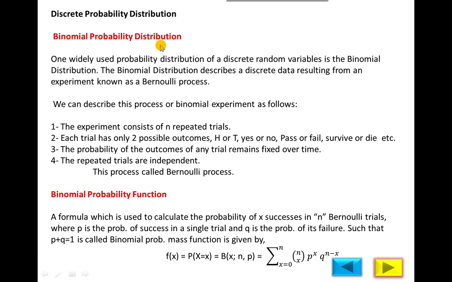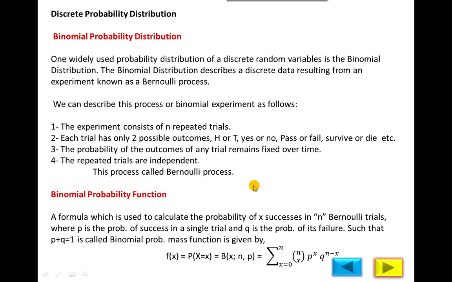But when we use the binomial probability distribution, this is the important thing. There are different probability distributions like binomial distribution, Poisson distribution, normal probability distribution, hypergeometric, geometric, used according to the characteristic of the variable or according to the outcome of the variable.